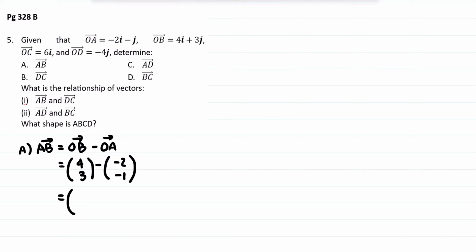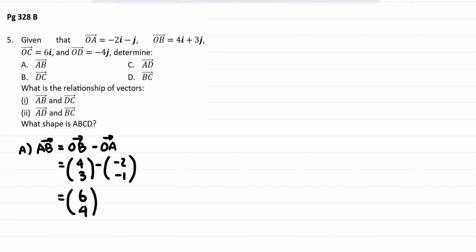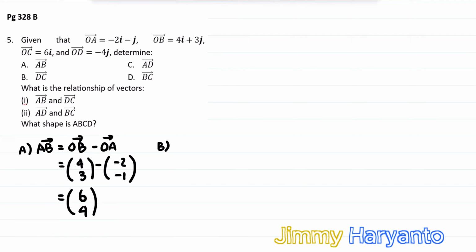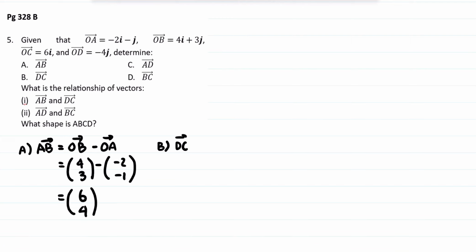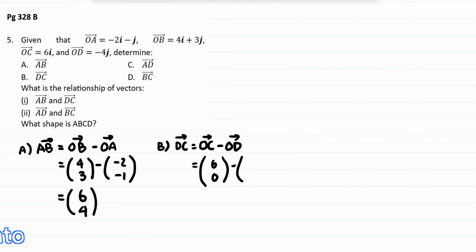So you will have (6, 4) as the result. This is AB. Next, B, we have to find DC. Same thing. The formula is OC minus OD. So you will have (6, 0) minus OD (0, negative 4). So we will have (6, 4) as the result.